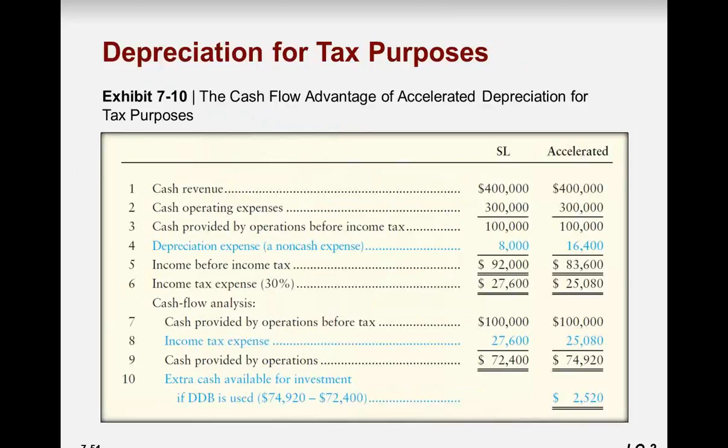And this is just an illustration between straight line and accelerated for income tax purposes. Another thing that you can do with many assets for business purposes is to use Section 179, where you can expense off a large amount of money each year.